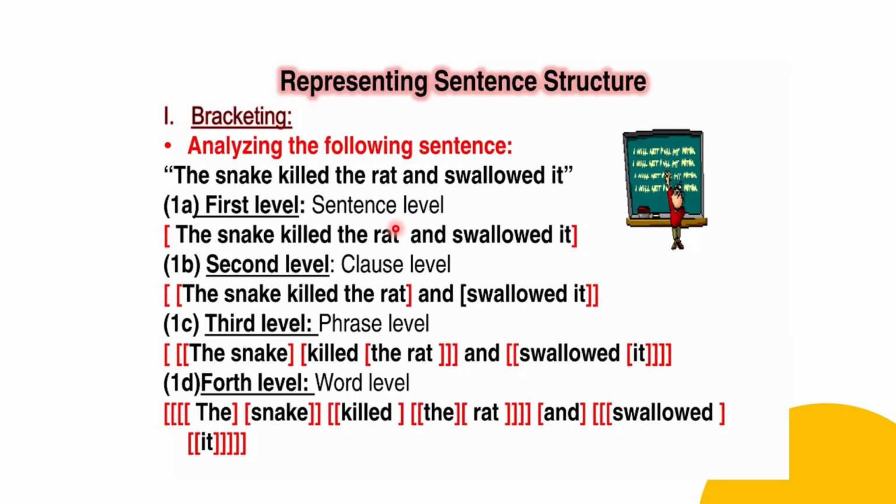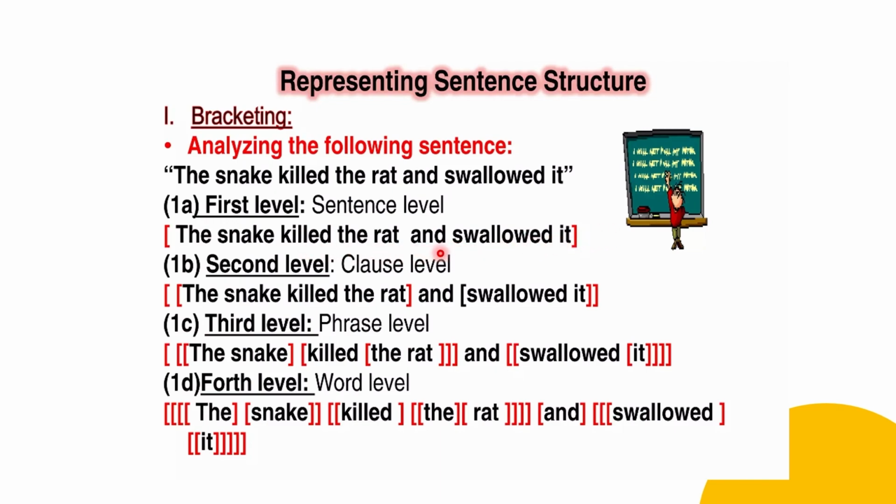So first let us look into the label bracketing. As I've already said, let us take an example of the sentence, the snake killed the rat and swallowed it. So this is the sentence level which has the sentence, and in the next clause level we are breaking down the sentence into different clauses. I'm going to divide the sentence into two different clauses: the snake killed the rat, and it swallowed it.